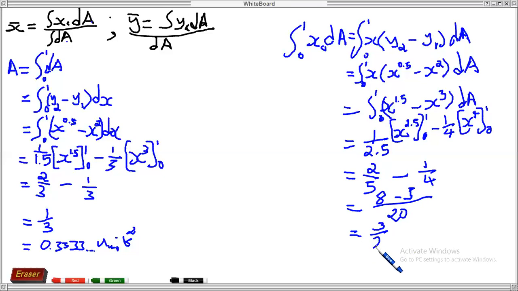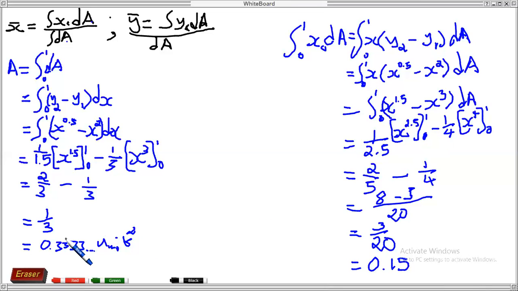So 3 over 20. If you want, you can put this 3 over 20 into decimal form. 3 divided by 20 is 0.15.